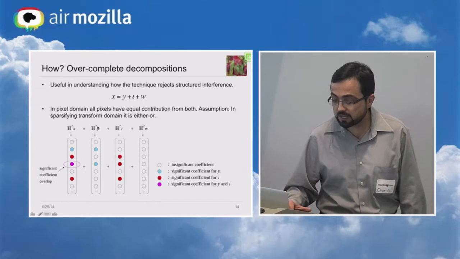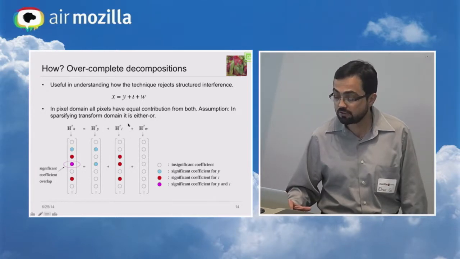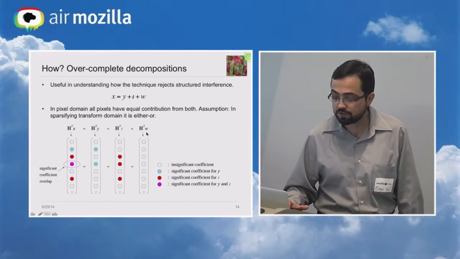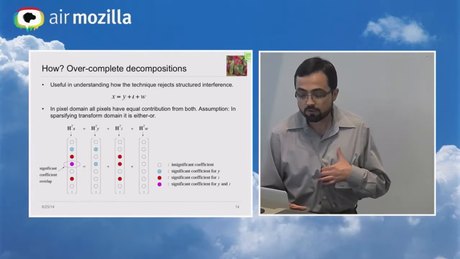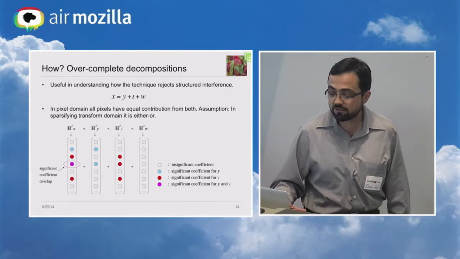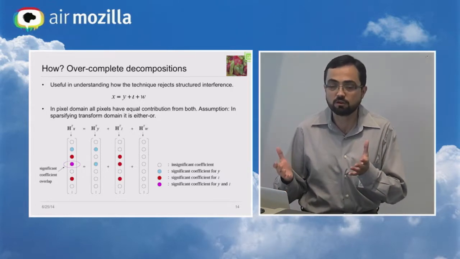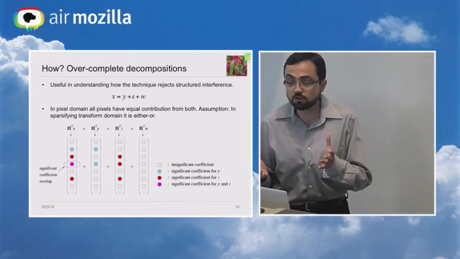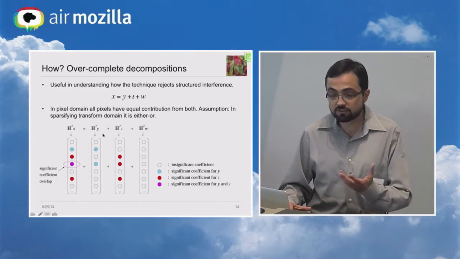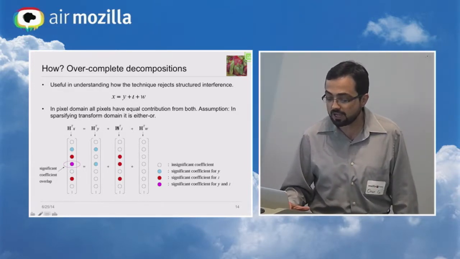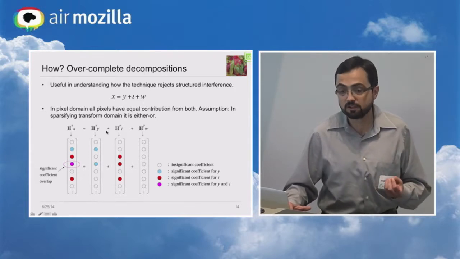It's equivalent to taking a transform over y, and then a transform over iota, and a transform over noise. Sparsifying transforms are such that something like white noise typically generates insignificant coefficients, in probability. Most of the coefficients tend to be insignificant, whereas structured signals, like my y and iota, are going to have some significant coefficients.